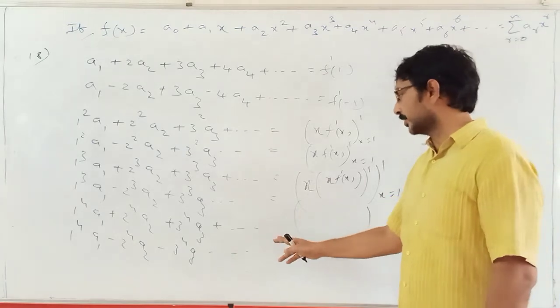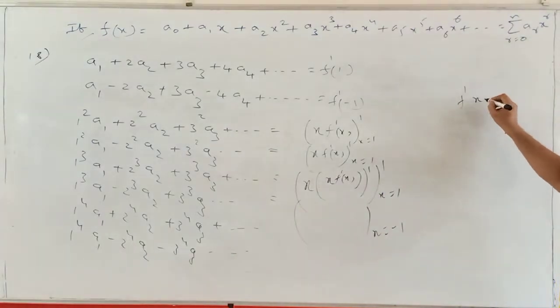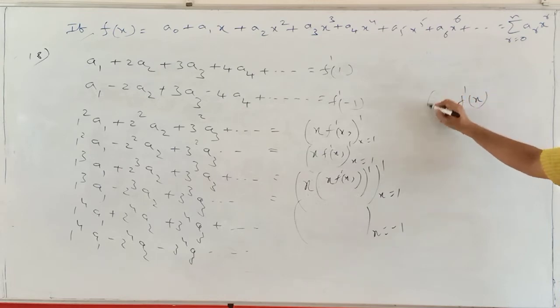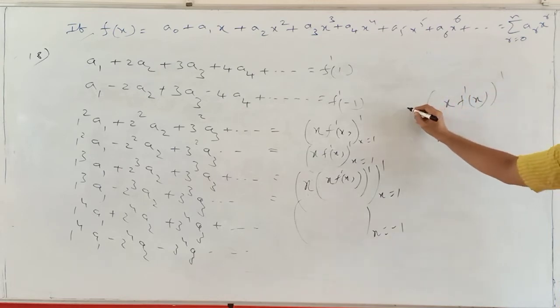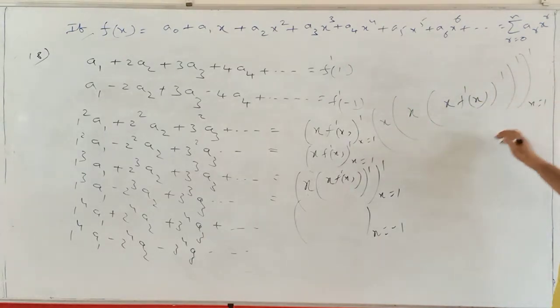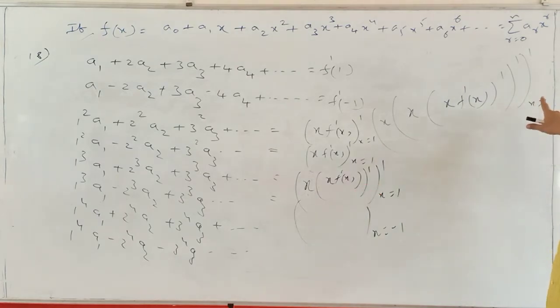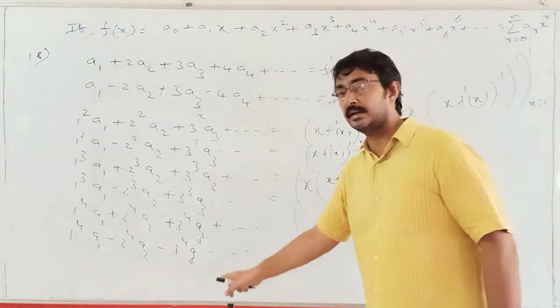Apply one more time for the last two terms. For the last two, first find f dash x into x, then differentiate, multiply with x, then differentiate, multiply with x, then differentiate. Put x equal to 1, get the last part one, and by keeping x equal to minus 1, get the last one.